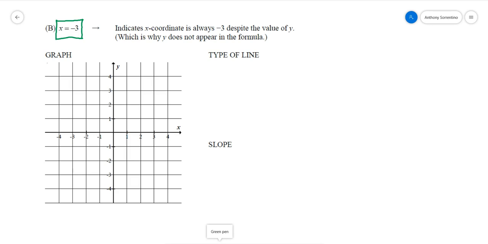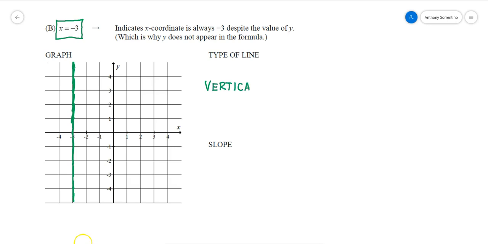So y could be anything, x will always be negative 3. So x could be negative 3, y could be 1. Or it could be 3, or it could be negative 4, or it could be negative pi, which would be something like right here. So basically, x equaling negative 3 would be this line right here.